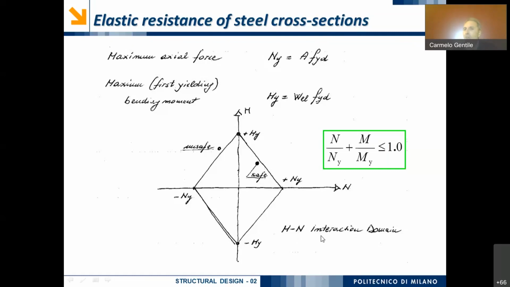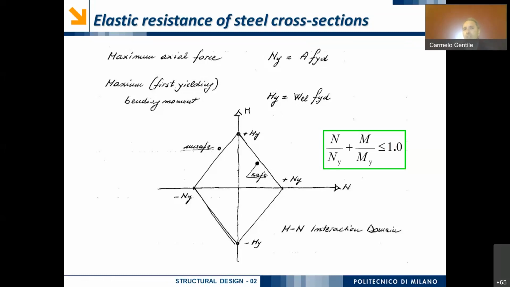What is an interaction domain? First of all, let's assume that our cross section is in the elastic range. The maximum bending moment is the bending moment at first yielding, and so it will be equal to My equal to Wel times Fy. This happens when just a bending moment is acting.